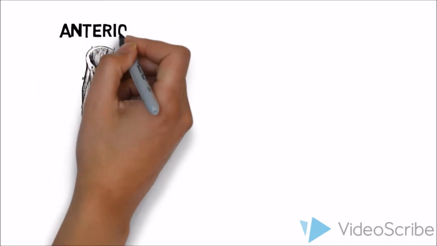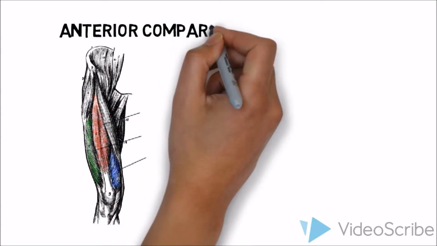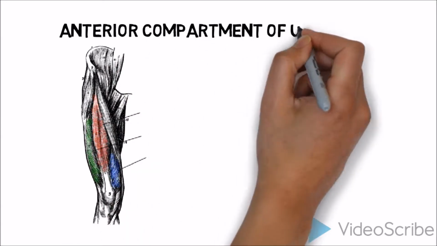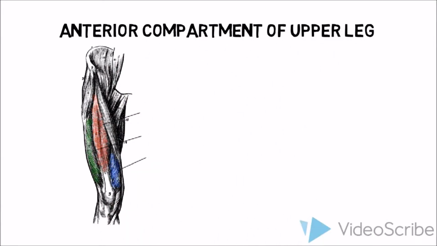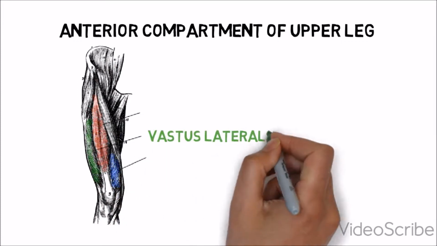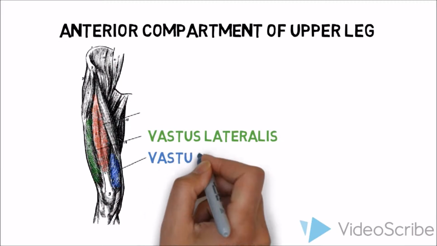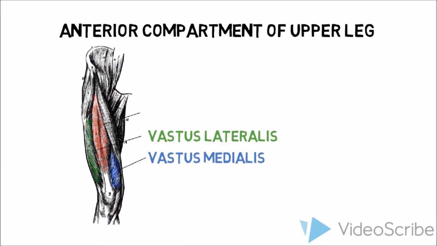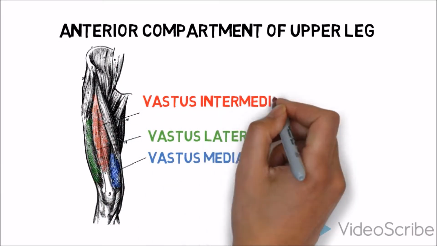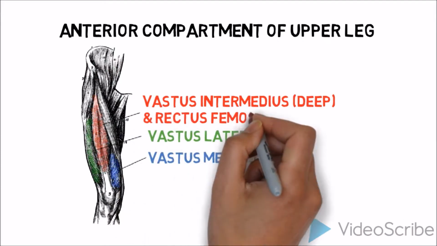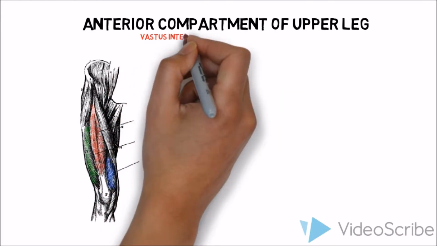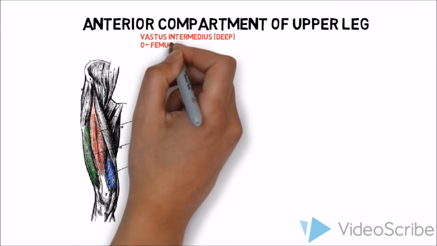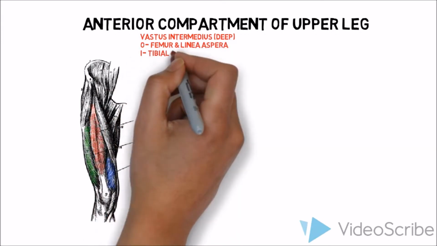There are four muscles of the anterior compartment of the thigh that contribute to movement of the tibiofemoral joint by extending the leg at the knee and flexing the thigh at the hip. These are vastus lateralis, vastus medialis, vastus intermedius, which is deep to rectus femoris. The following shows the insertions, origins, nerve innervation and blood supply to these muscles.